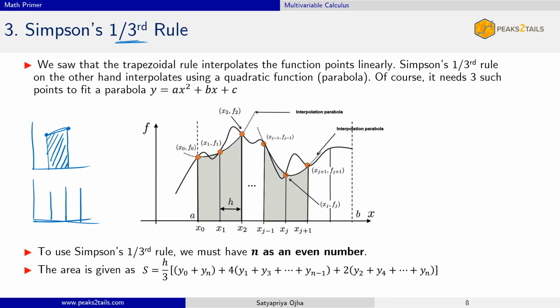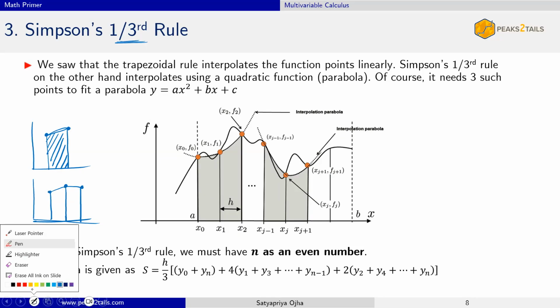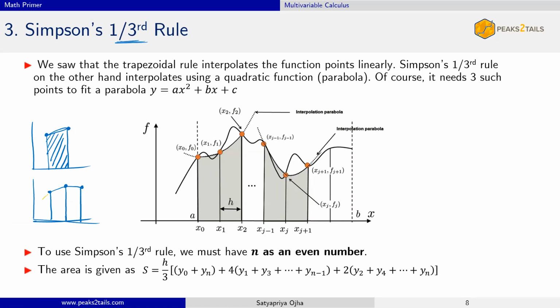Say my curve is something like this. You need 3 points. What Simpson's one-third rule does is it tries to fit a parabola using those three points.